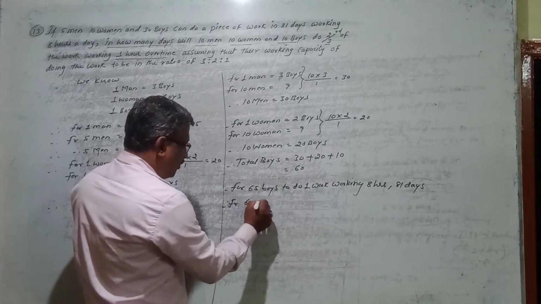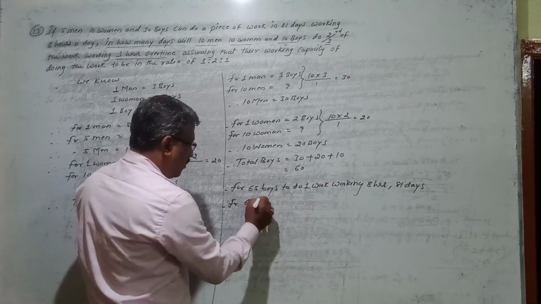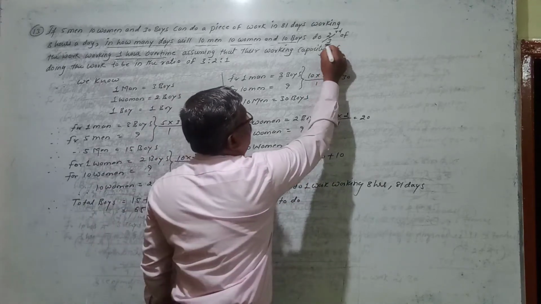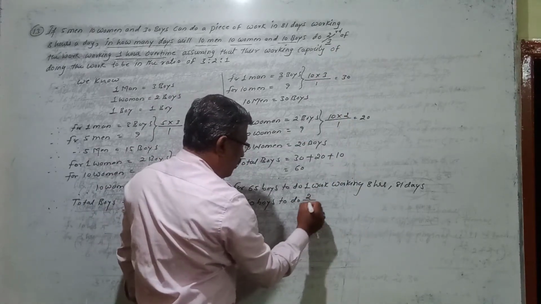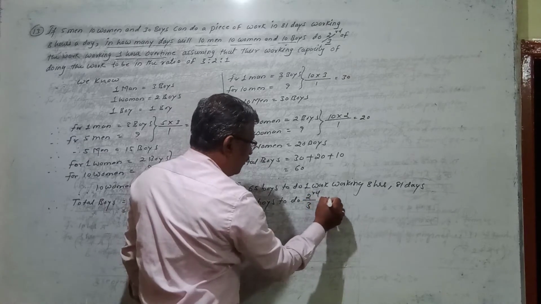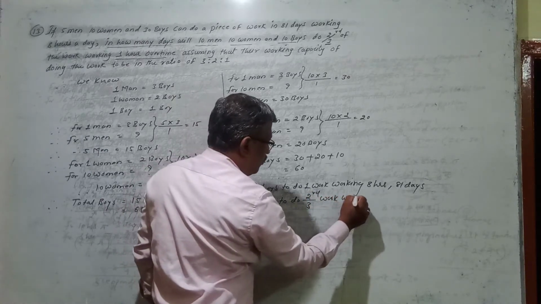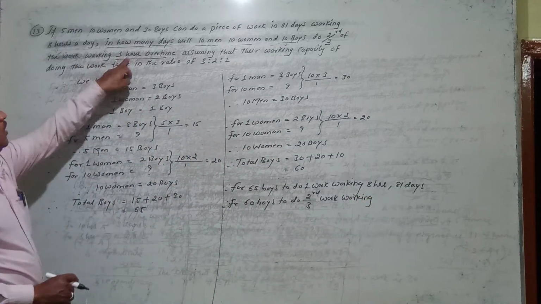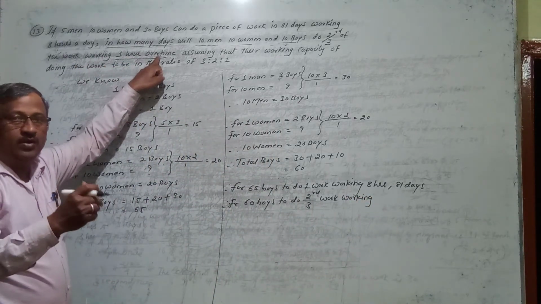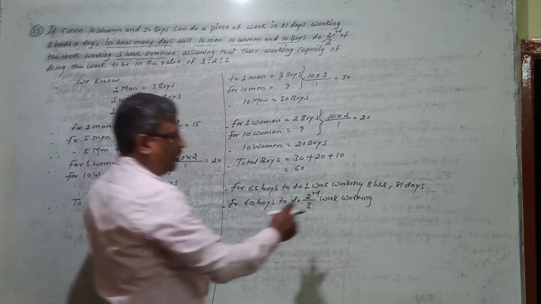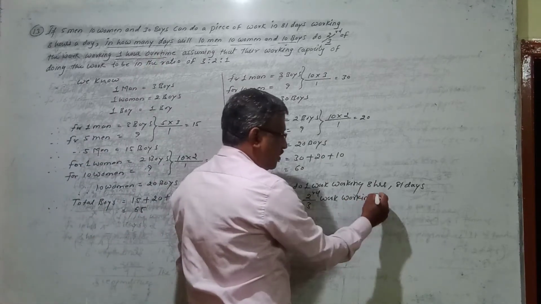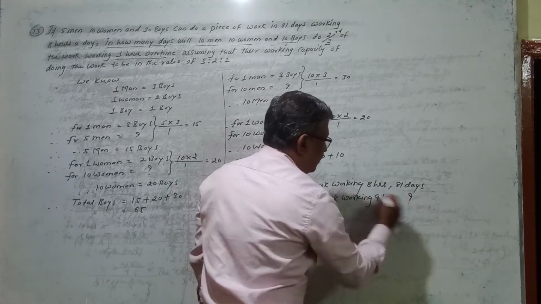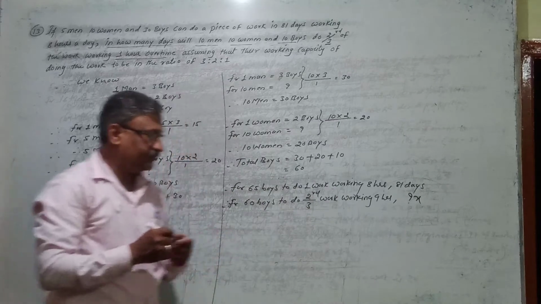So you have to ask for these 60 boys to do only two-thirds of the work, working 1 hour overtime. 1 hour overtime is 1 hour extra. Means the earlier group worked 8 hours. Now if this group works 9 hours, how many days are required, that we have to calculate.